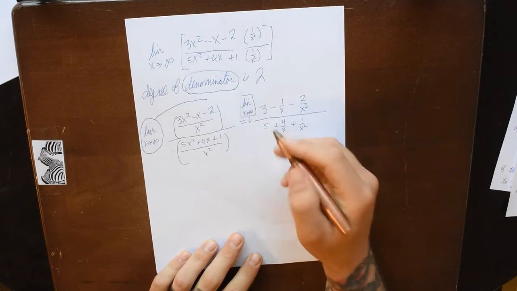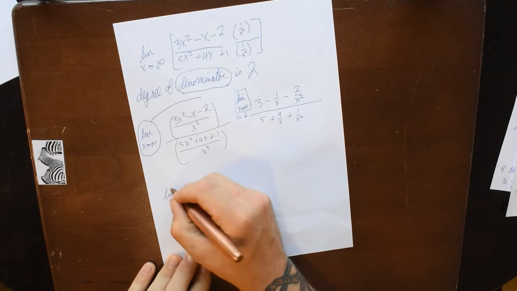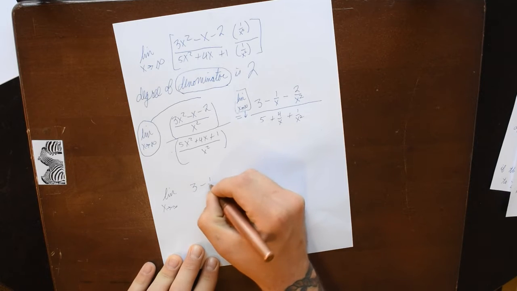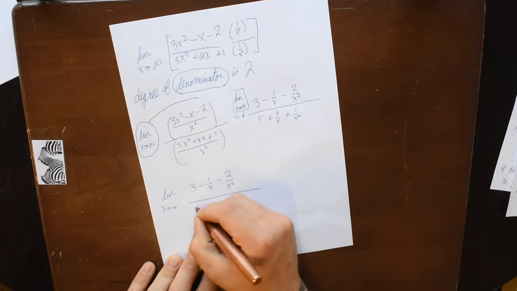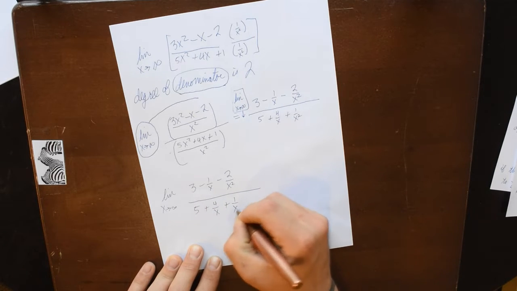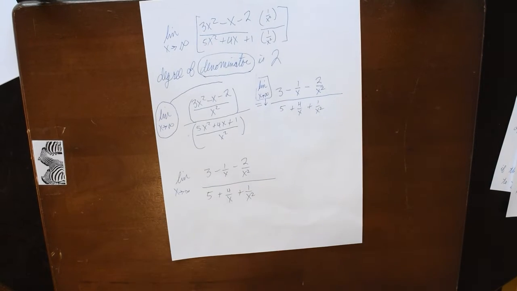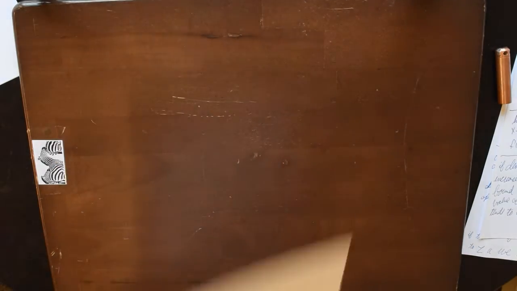As we let x increase without bound, I'm going to write this over here. We're just going to copy the limit as x approaches infinity of 3 minus 1 over x minus 2 over x squared, divided by 5 plus 4 over x plus 1 over x squared. So right here, and let me grab our theorem, which I think is on the back half.